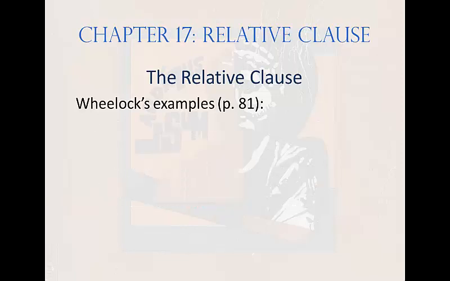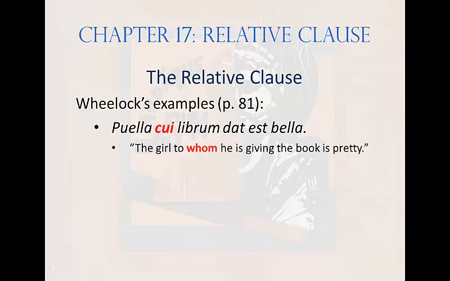Next sentence. Puella cui librum dat est bella, meaning, the girl to whom he is giving the book is pretty. Cui is feminine singular because its antecedent is puella, also feminine singular, and it's dative because it functions as the indirect object in its own clause.